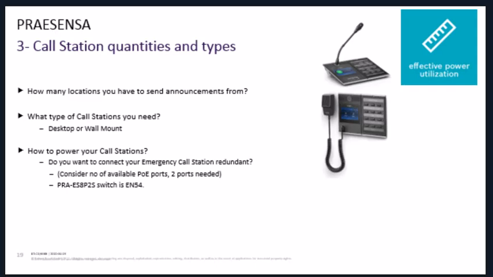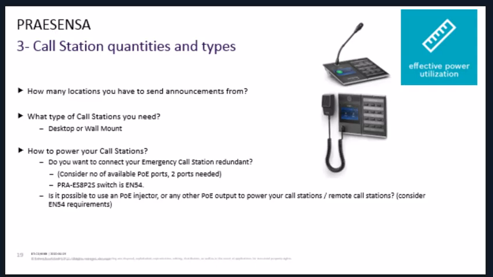And here, one thing that will support you is the PRAESENSA switch, PRAESENSA ES8P2S. That product is EN54 approved together with PRAESENSA devices. That can be an option for you to increase the number of PoE outputs. Or is it possible to use a PoE injector or any other PoE source to power your call stations or your remote call stations?